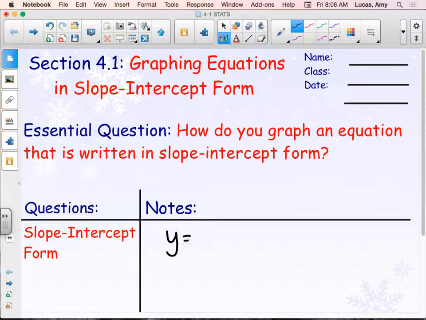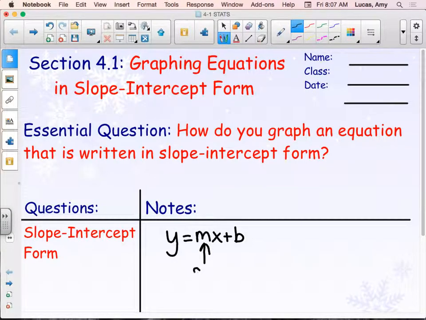The only thing that's going to look a little bit different in Chapter 4 is we aren't going to write our slope-intercept form in function notation. We're going to write it in terms of x and y, where x is our independent variable and y is our dependent variable.